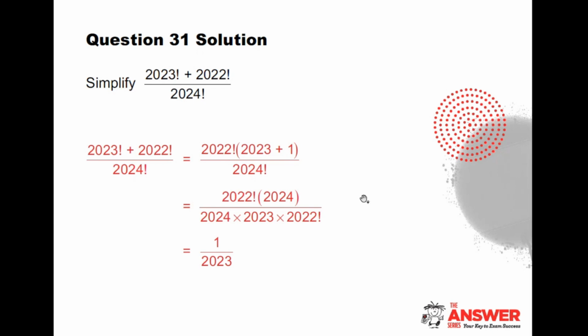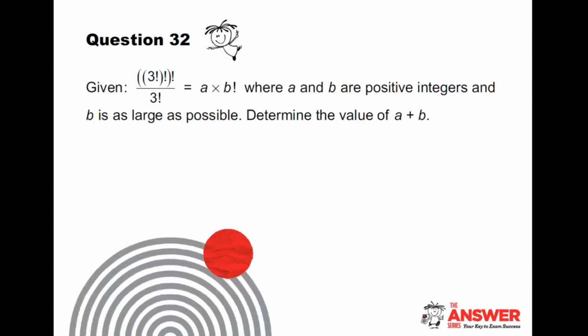But that's not the only cool question I've got for you. Given 3 factorial factorial over 3 factorial equals a times b factorial, where a and b are positive integers and b is as large as possible, determine the value of a and b.